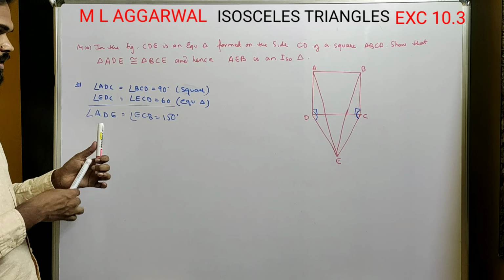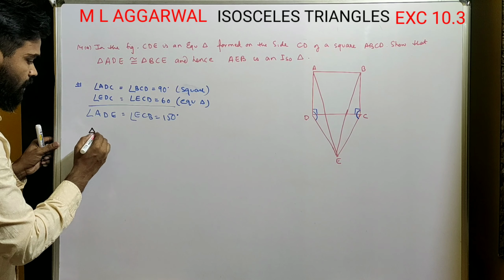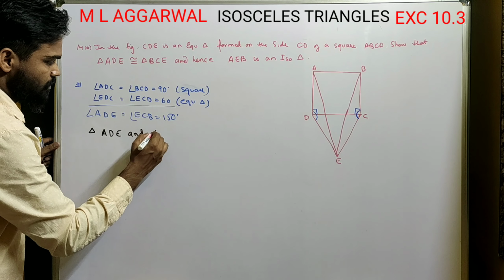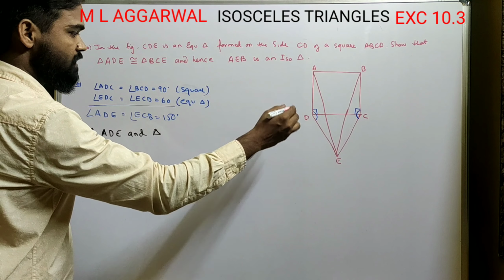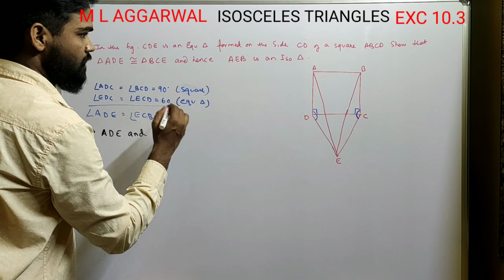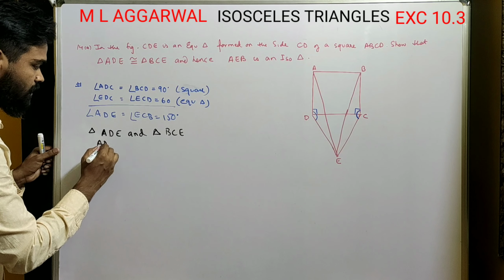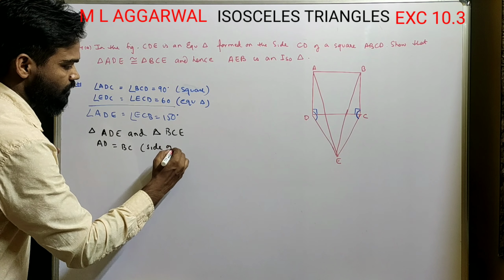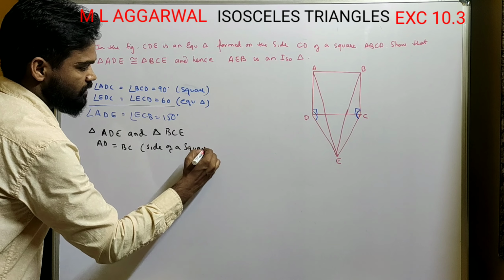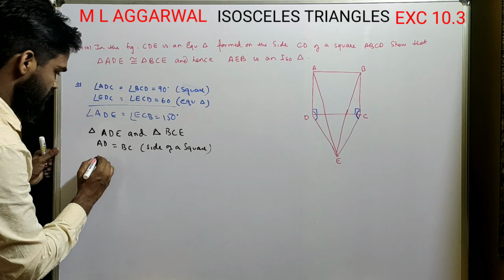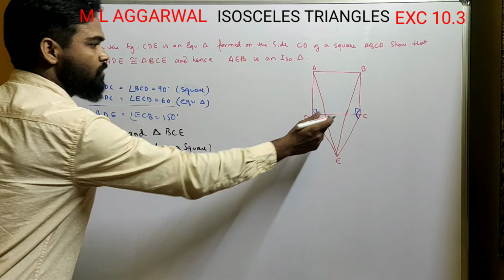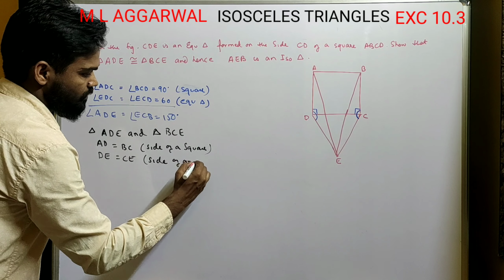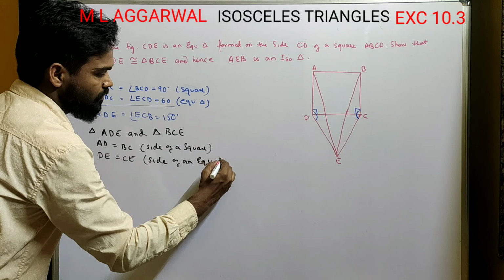Okay. Now look at triangle ADE and triangle BCE. AD is equal to BC, side of a square, isn't it? DE is equal to CE, side of an equilateral triangle.